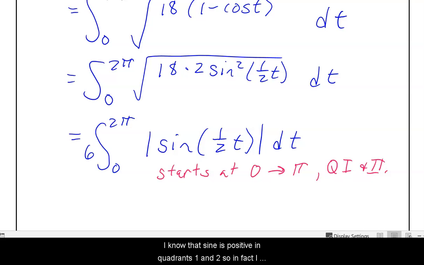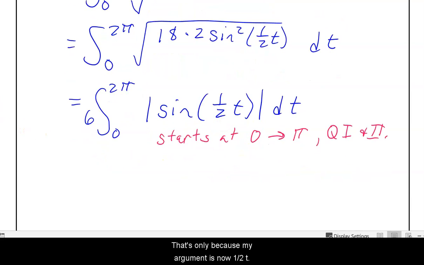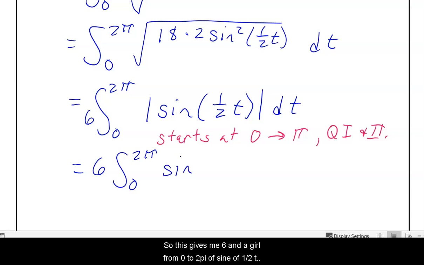But I know that sine is positive in quadrants 1 and 2, so in fact, I can drop the absolute values. But that's only because my argument is now 1/2 t. So this gives me 6 integral from 0 to 2 pi of sine of 1/2 t dt.